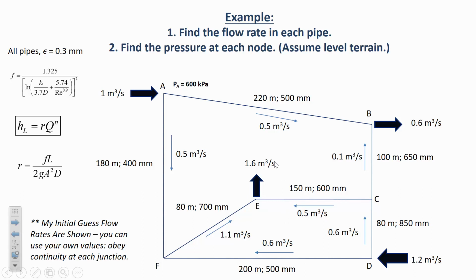If we have 0.6 and 0.5, that means it's 1.1, which means half a cubic meter per second must be coming through here, which means there's 0.1 left over, and now in equals out at each of the junctions. Our control point is junction A. That's where the pressure is known. At the end of this process, we're going to calculate the pressure at each junction, starting with this known pressure at location A.